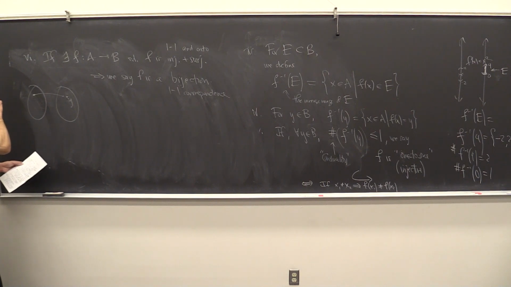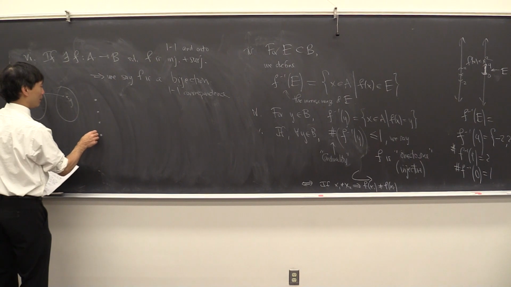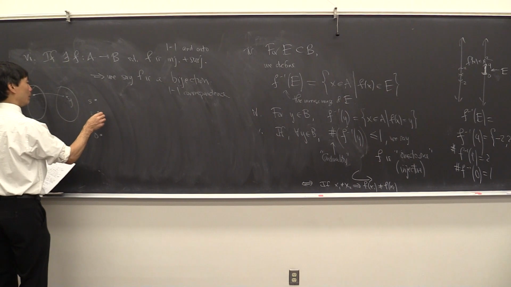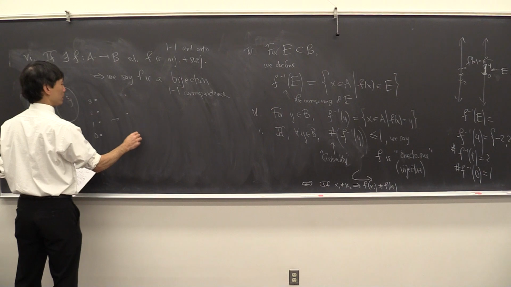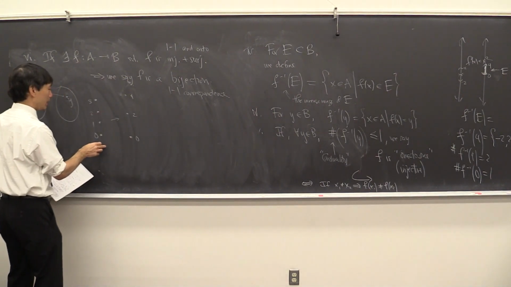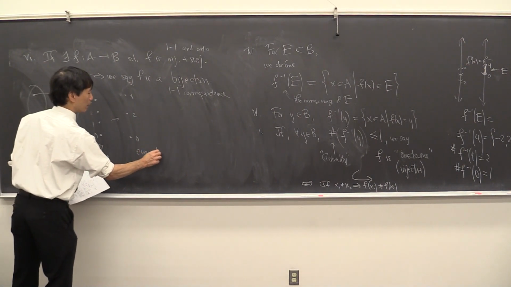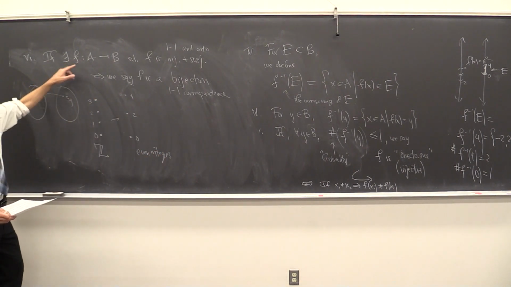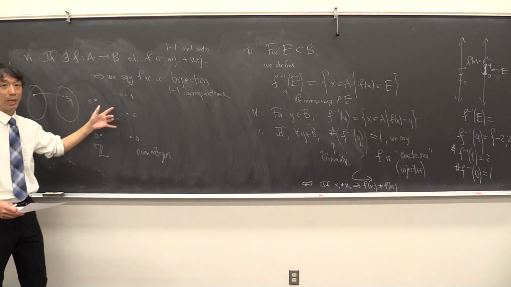Does it make sense? Just to give a simple example, if I look at the integers and the even integers, I can find a map that goes from the integers onto the even integers, namely multiplying by 2.